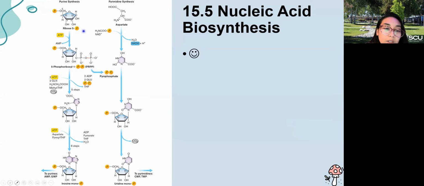That's one way that bacteria can acquire this. So it starts out there, and then a whole bunch of stuff happens, and then you get AMP and GMP. Whereas the pyrimidines, which are your C and T, are produced from aspartate, the original molecule that eventually gets converted into the C and T nucleotides.